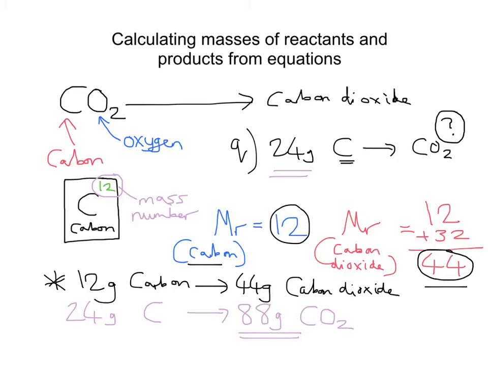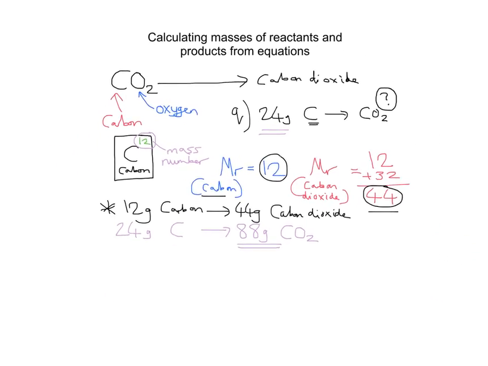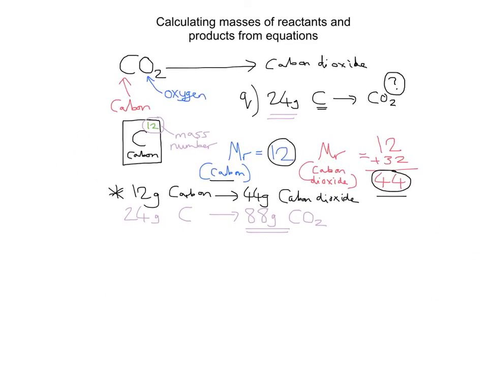So let's very quickly just do another example to put this into another context, and then we can see how this one's worked out. So in this other example, let's say that somebody heats 200 grams of calcium carbonate, and that decomposes into calcium oxide and carbon dioxide. Let's just put the equation for that.